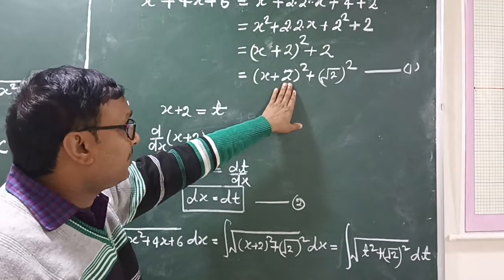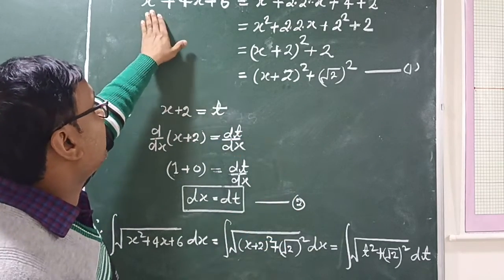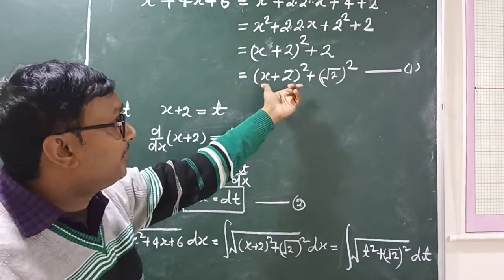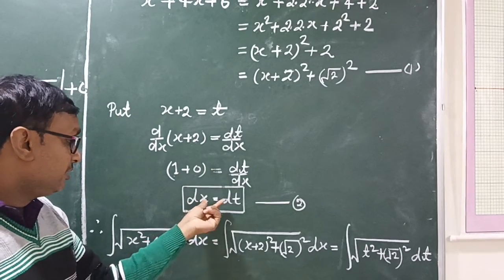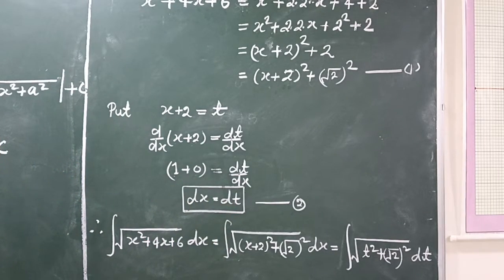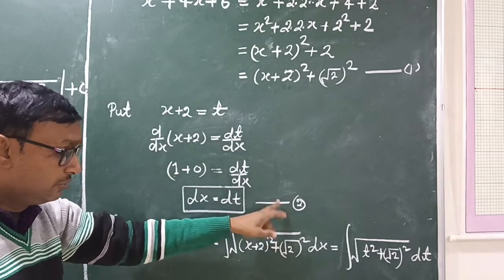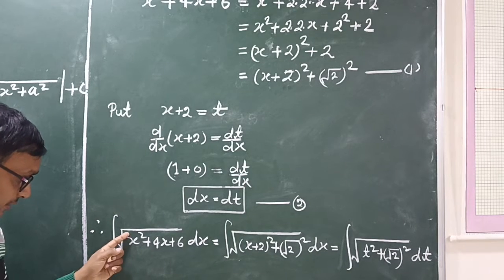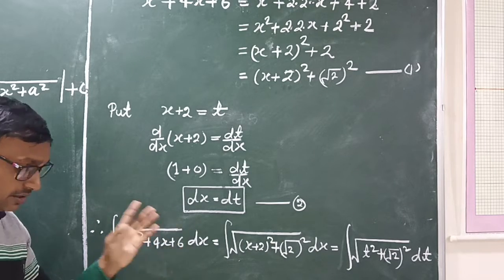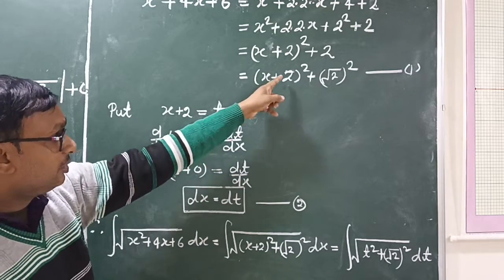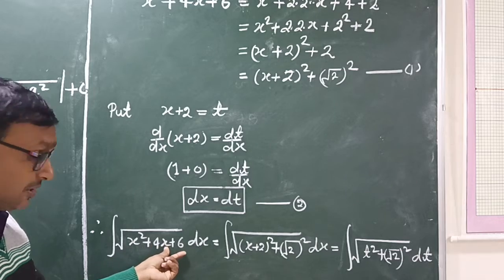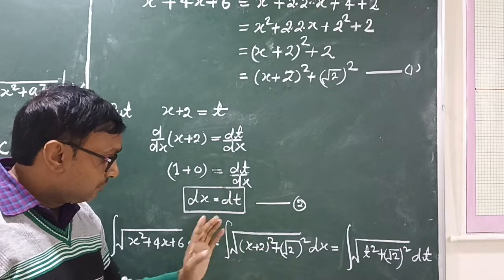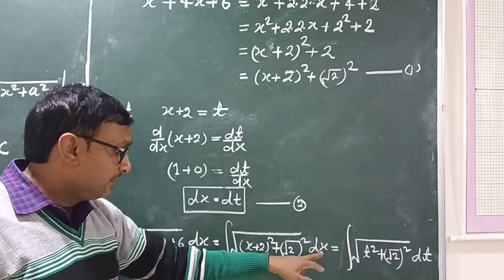So by equation 1 and equation 2, x square plus 4x plus 6 is converted into this form, and dx is converted into dt. Using these equations in the given question, the integration of under root x square plus 4x plus 6 dx, using equation 1, is equal to the integration of under root x plus 2 whole square plus under root 2 square dx.